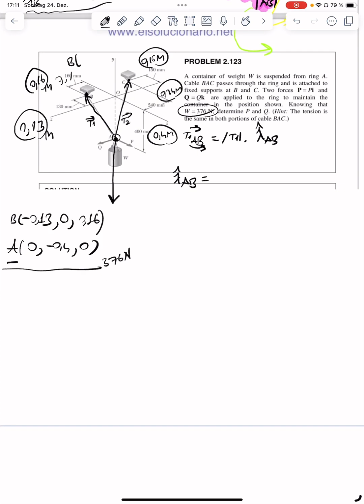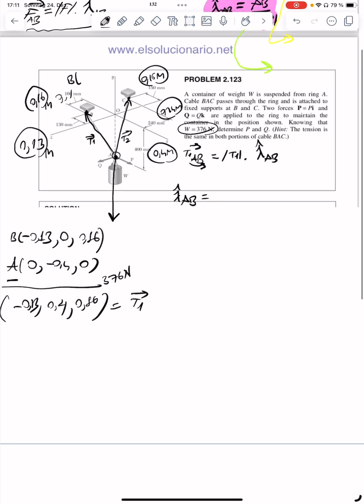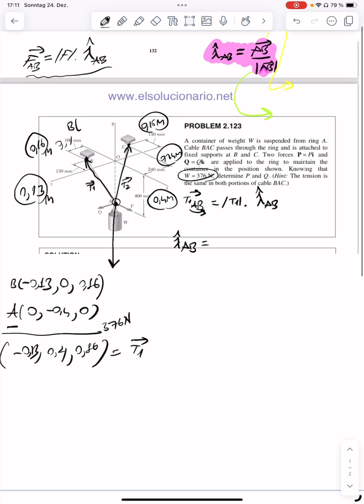And I do the calculation: 0.16 and 0.4 and minus 0.13. It is the T1 vector.